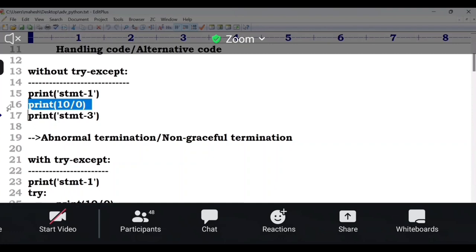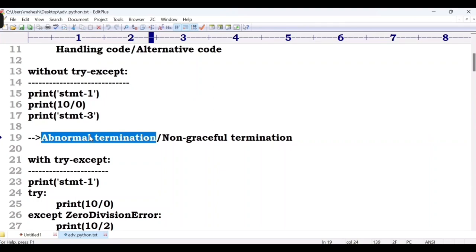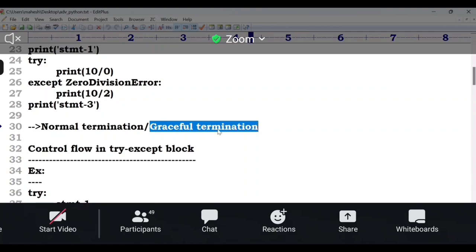Sometimes because of a runtime error, syntactically my program is okay, but in the run, if something goes wrong, then we are not getting the output. In the middle the program will be terminated. Such a thing is called abnormal termination. So the main objective of the exception handling concept is to provide graceful termination.